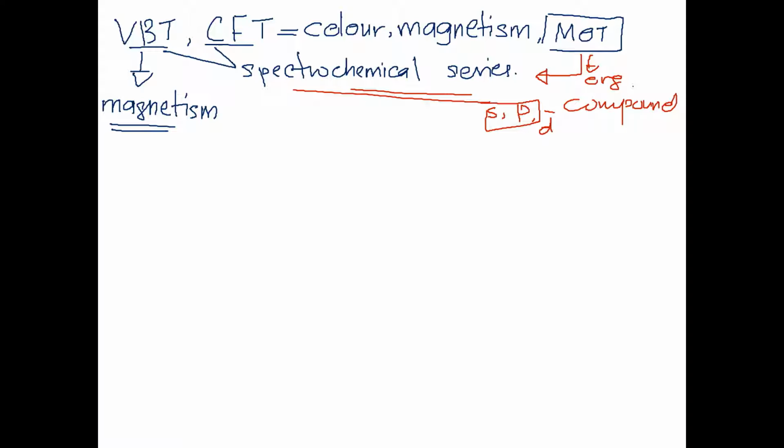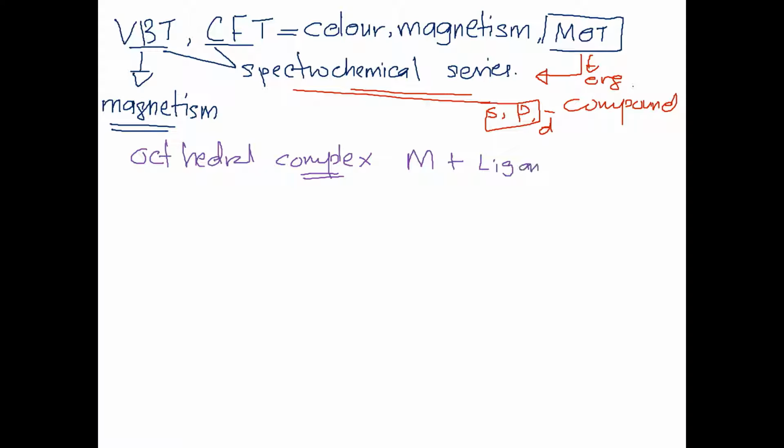For example, in an octahedral complex, when you see a complex, it must be a reaction between metal and ligand.